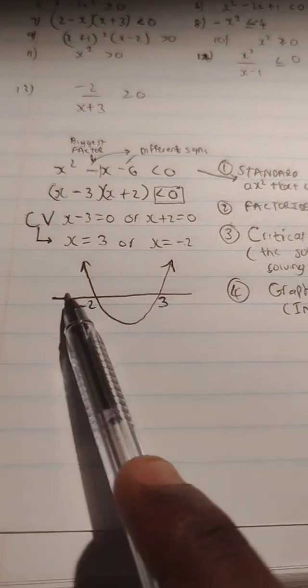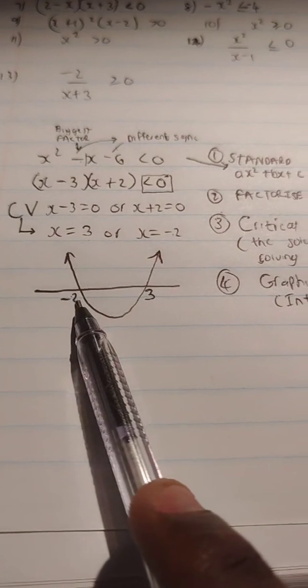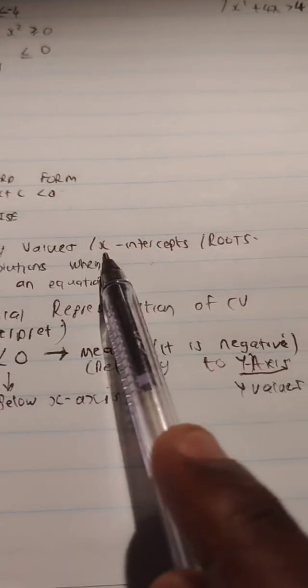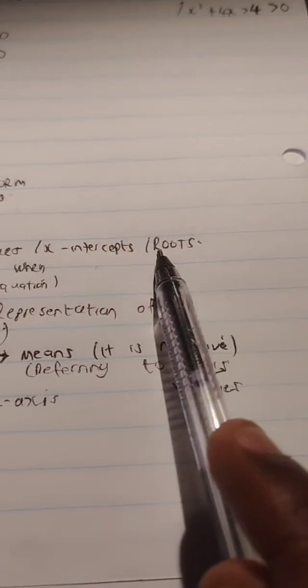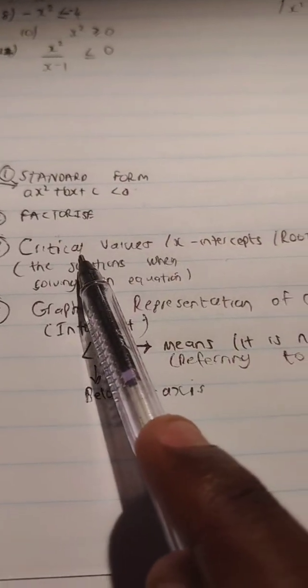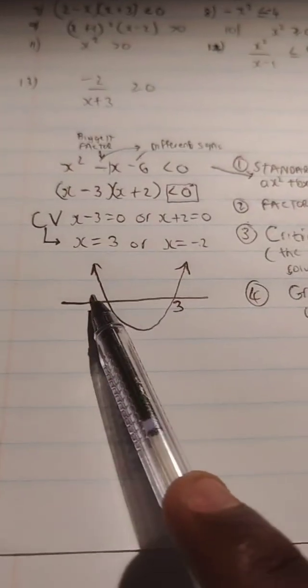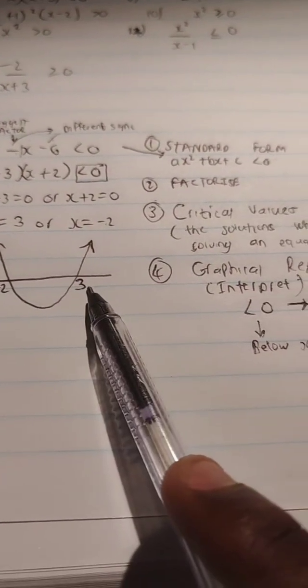Your smallest critical value first, your biggest critical value next. What are critical values? Your x-intercepts or your roots.